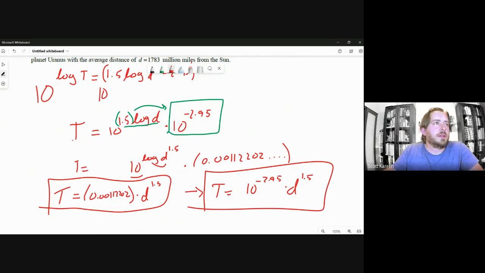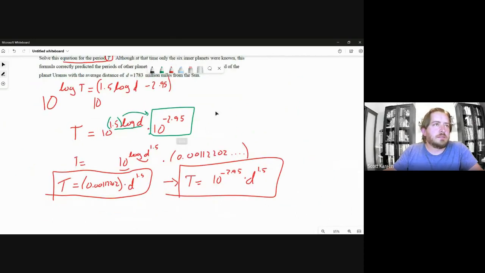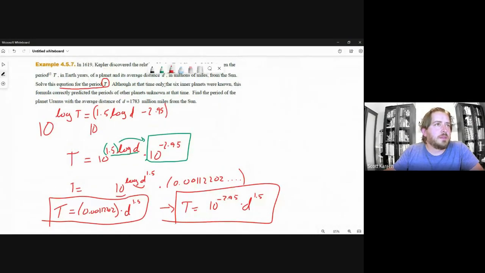Okay. And then they ask us after that, we want to find the period of the planet Uranus with an average distance of 1783 millions, where d is in millions, so d is 1783. And so we just plug in.